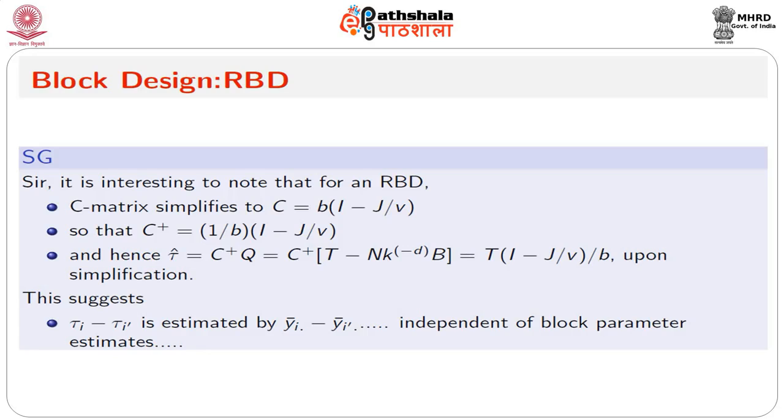So this suggests tau i minus tau i prime is estimated by y bar i. minus y bar i prime., and this is independent of block parameter estimates. Sir, I am sure likewise beta j minus beta j prime is also estimated by y bar .j minus y bar .j prime, independent of treatment parameter estimates.